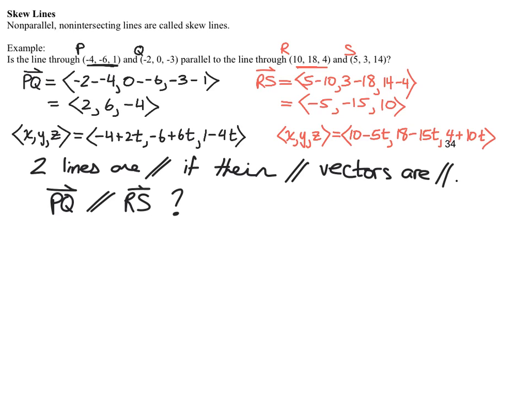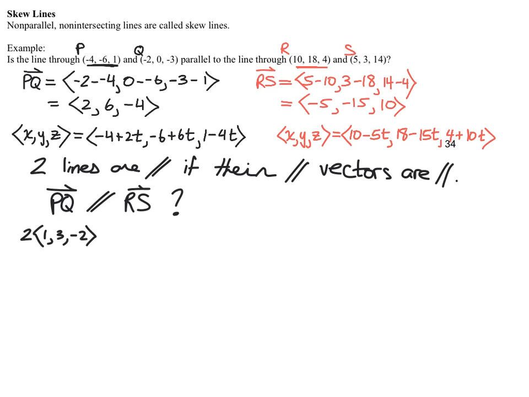So I'm going to factor that. Constant multiple of 2 I can pull out: 1, 3, negative 2. So PQ is itself parallel to another vector, 1, 3, negative 2, by a scale factor of 2.